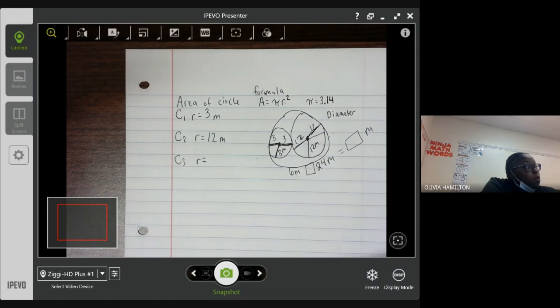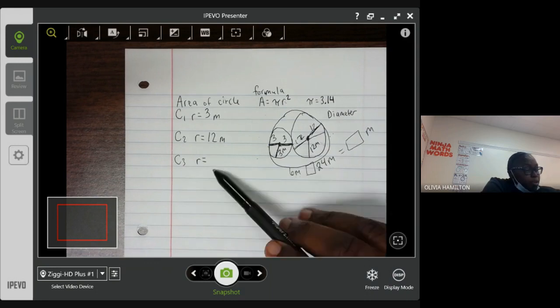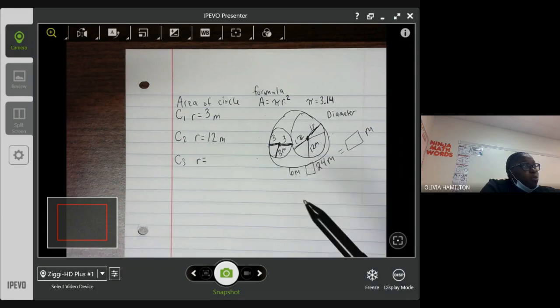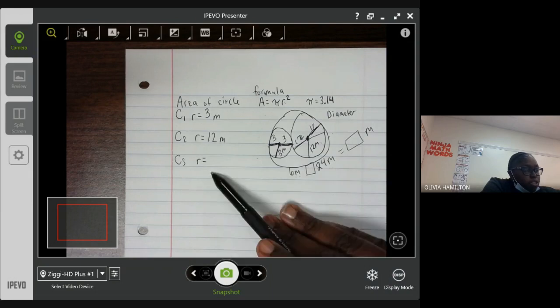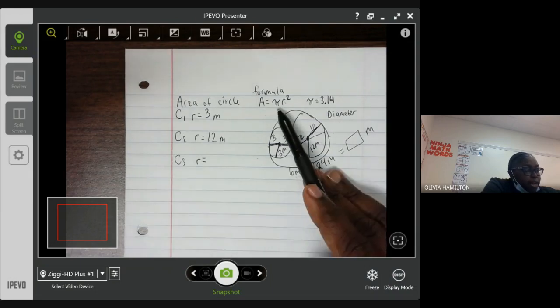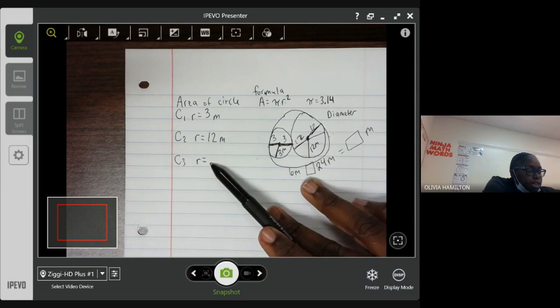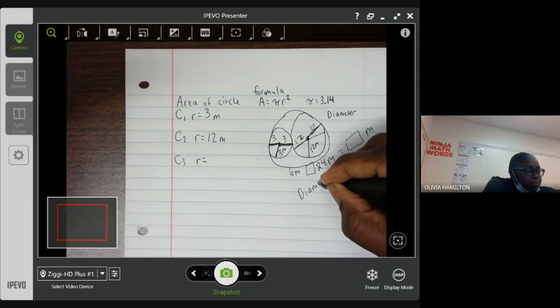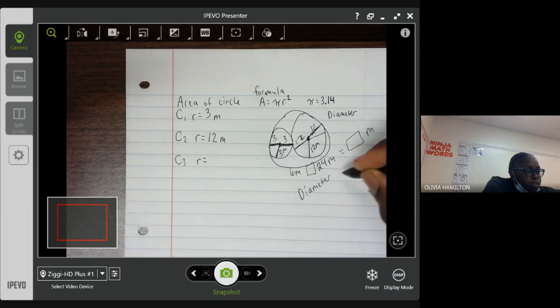Now, going back to what I said earlier, we needed to find the diameter so that we have the total distance across. But we can't solve with diameter since we're doing area. We need the radius. So then the next question is, how do we go from diameter to radius?